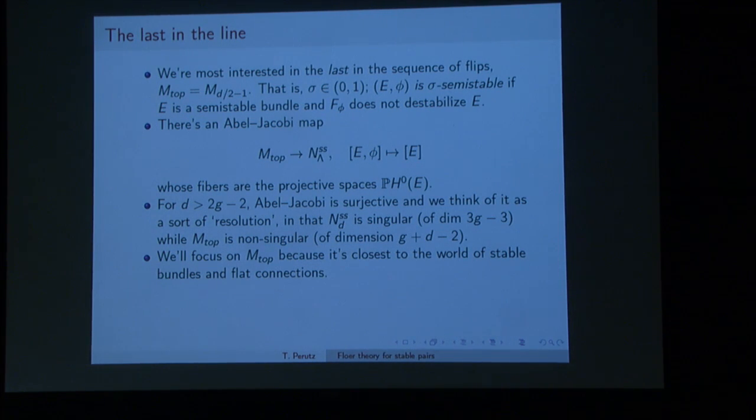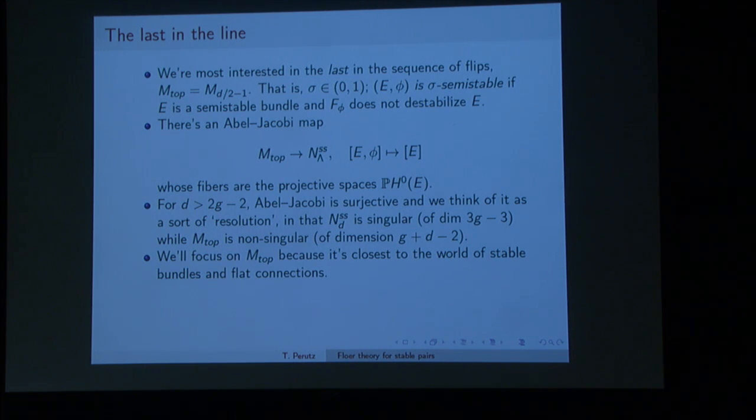And so I want to think of the Abel-Jacobi map as defining a kind of resolution of this singular gadget, this singular moduli space of semi-stable bundles. It's not truly a resolution in the sense of algebraic geometry, but it's something like it. So it's at least smooth. It lives over M semi-stable. And provided that the degree is reasonably large, at least 2g minus 2, the Abel-Jacobi map is surjective.